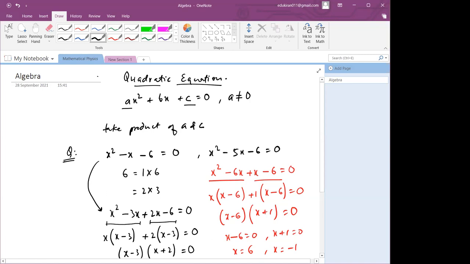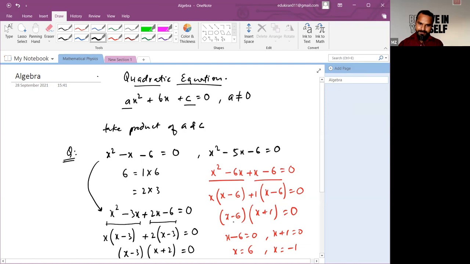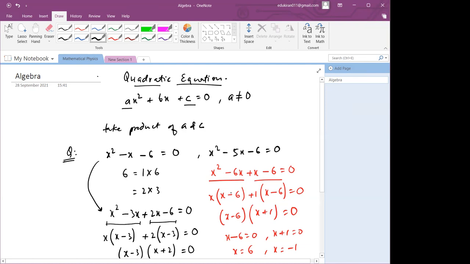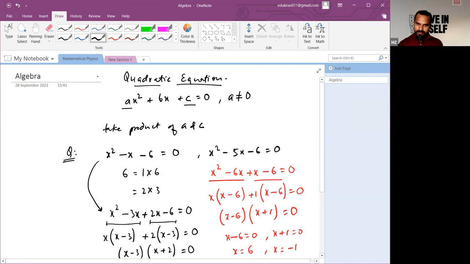No, sir. I'm not asking this. The fourth term I'm asking, the fourth part. How it converts like this, from x into x minus 6, how it converts to x minus 6. I have taken x common from both these two terms, so we're left with x here and 6 here. If we take out common 1 from both these two terms, it will come out to be x minus 6. Now just see, here we have x minus 6 and here we have x minus 6, common to both these two terms.